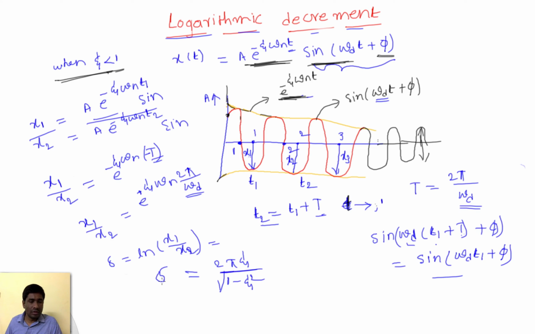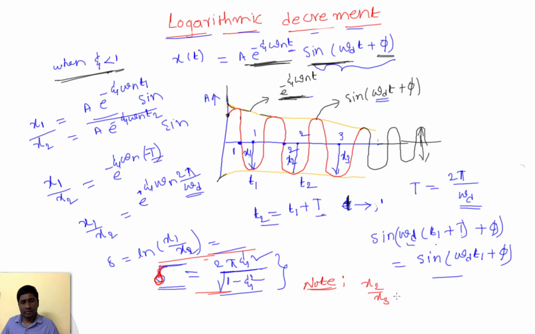Here we have considered x1 by x2. If I consider x2 by x3, here also we get the same value, because this value does not depend on anything else. If you consider x3 by x4, here also we get the same value. This value is always constant from cycle to cycle.